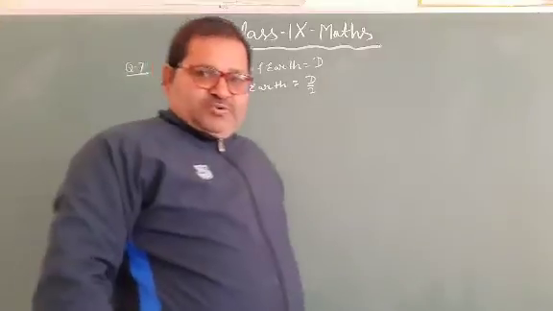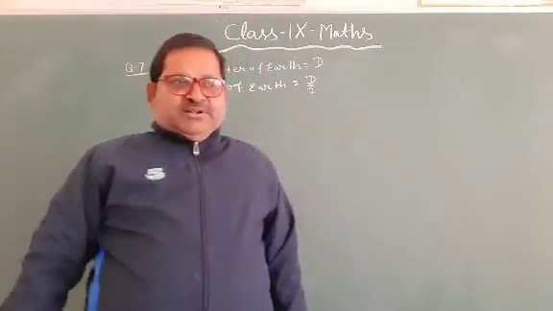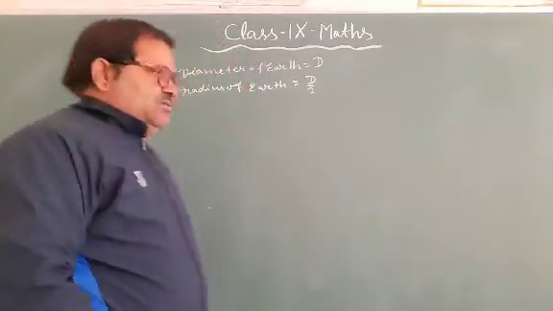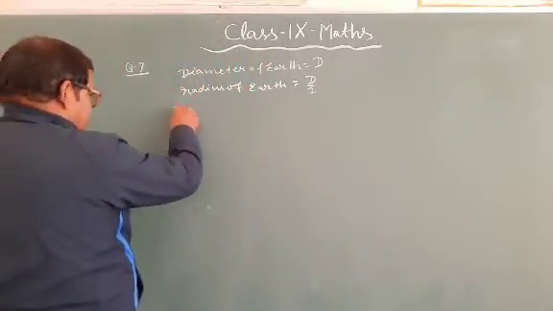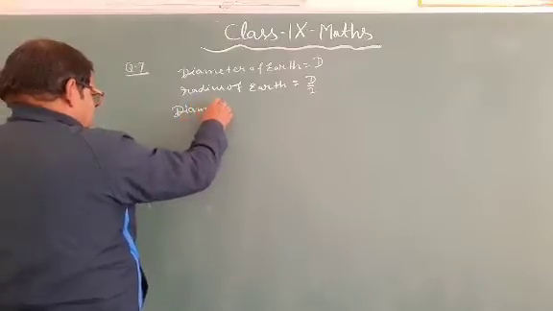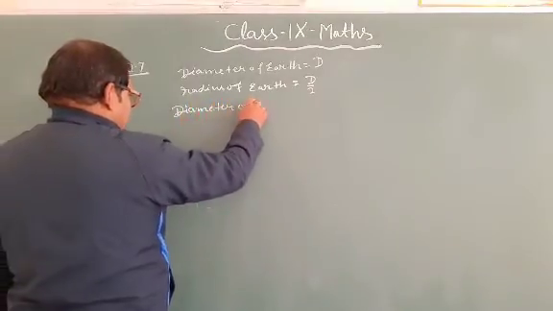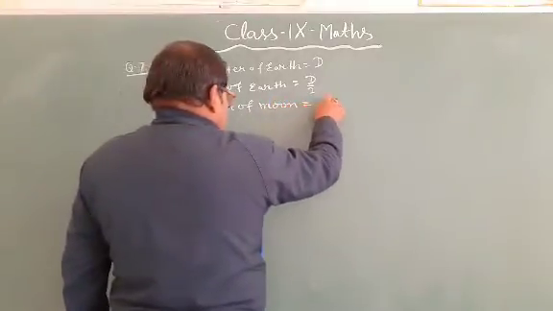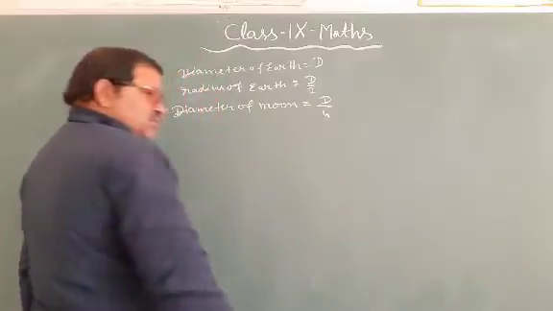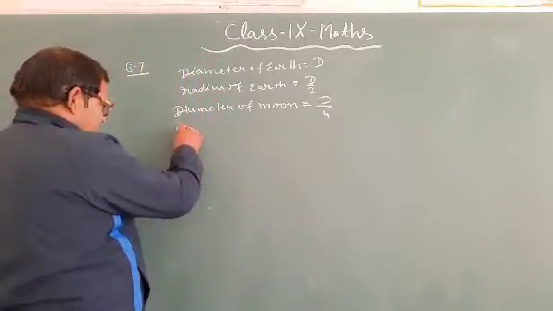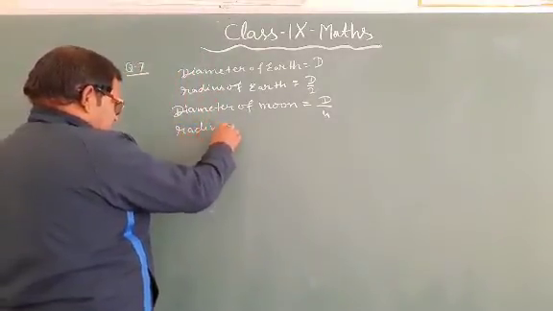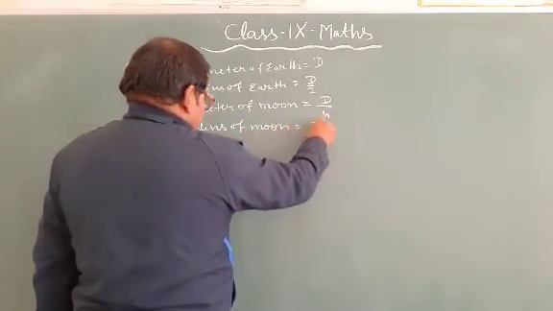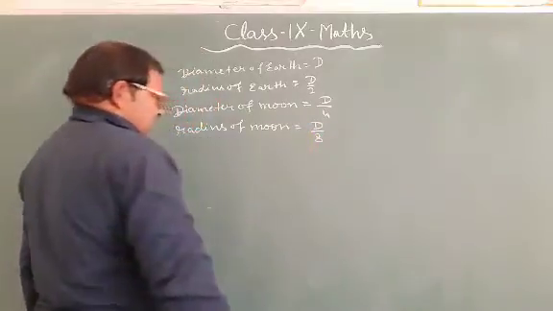The diameter of moon is approximately 1/4 of the diameter of earth. So the diameter of moon is equal to d by 4, and the radius of moon is equal to d by 8.